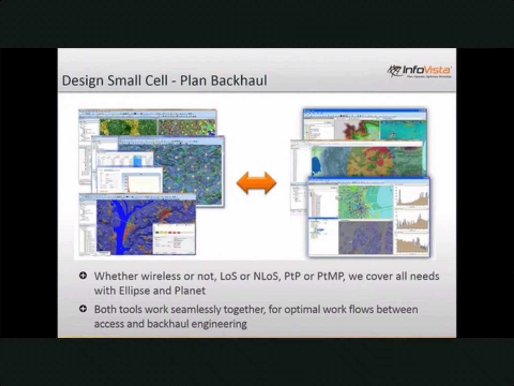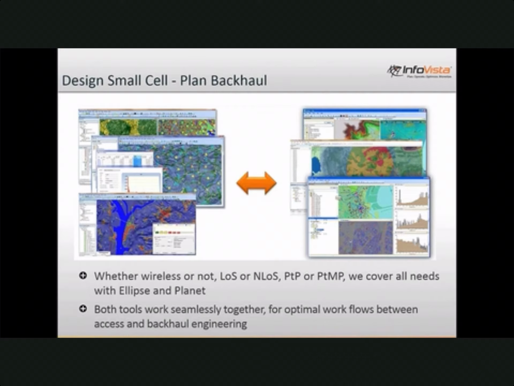When you design small cell and plan backhaul, you can start in Ellipse. So whether it's wireless or not, line of sight, no line of sight, point-to-point, point-to-multipoint, we cover all the needs with Ellipse and Planet.